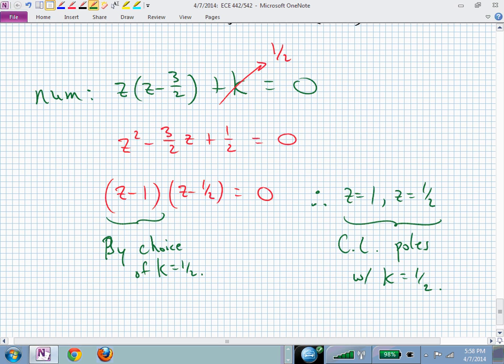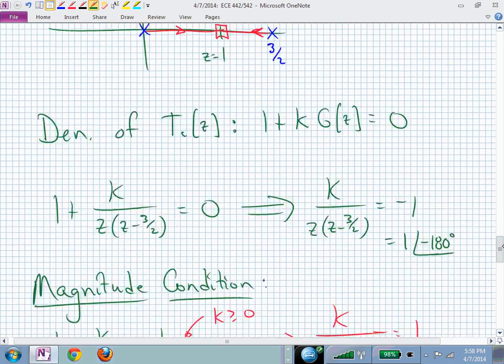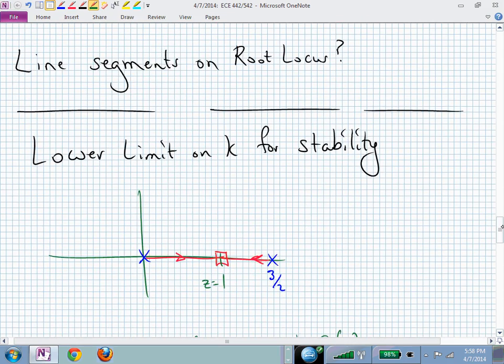Is that clear? So now the branches, we have 2. When we get to that box, we not only have a root there, but we have another root right there. We have 2 roots. We have 2 branches. The closed loop poles are moving towards each other.